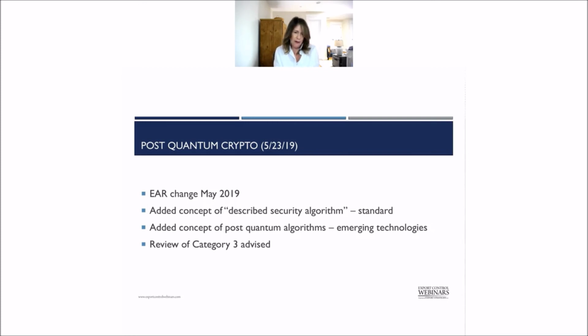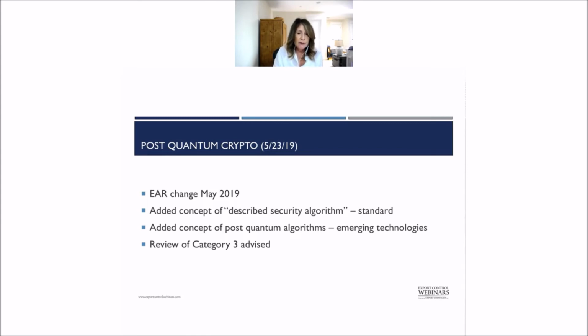It has a couple of implications. There's new language that describes security algorithms, basically standard algorithms that most everyone on the call is familiar with: AES, Advanced Encryption Standard, Triple DES, and some of the SSL-type algorithms. Those are all standard.